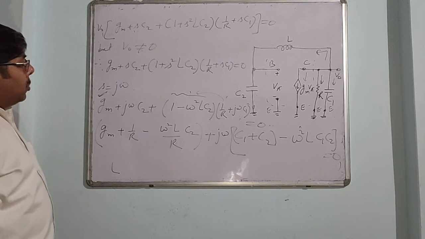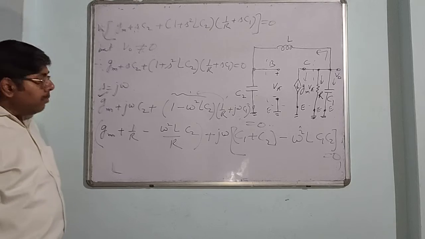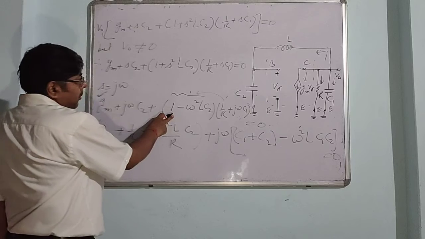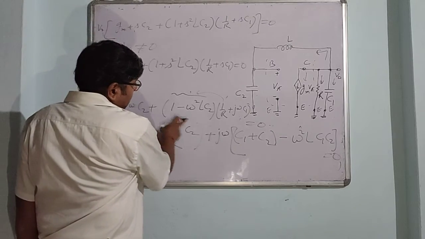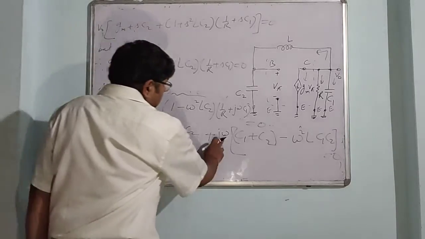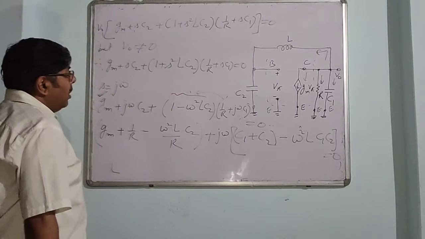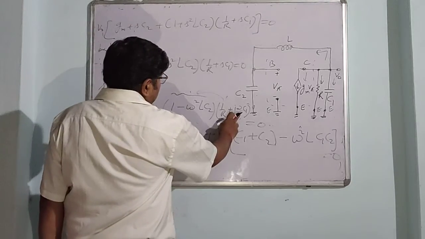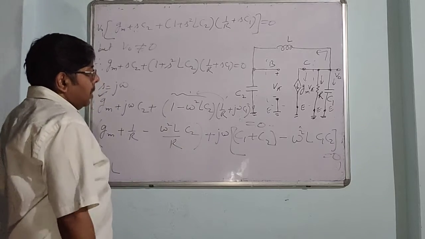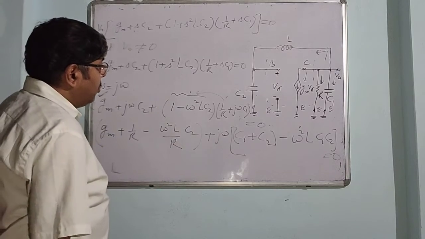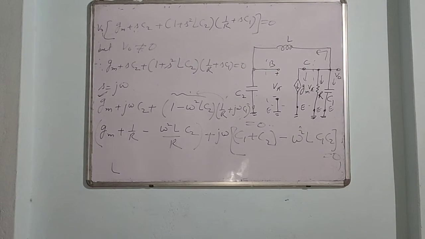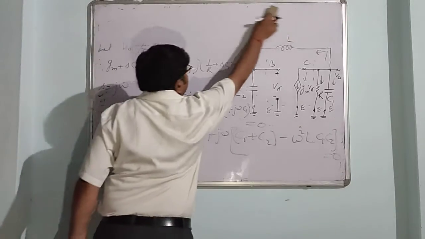So this is the imaginary part. j omega C1 multiplied by this will give you omega C1 and j omega C2. So this will give you C1 plus C2, and this term j omega C1 into this, the last term, omega square L C1 C2. So this is the separation into real and imaginary parts.